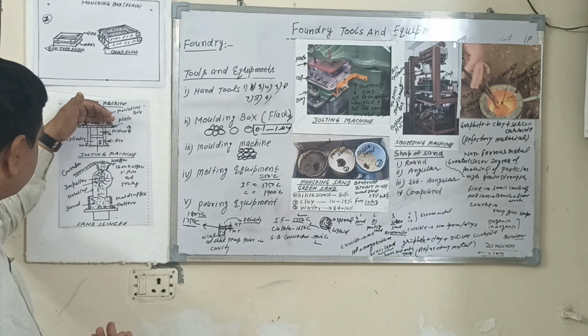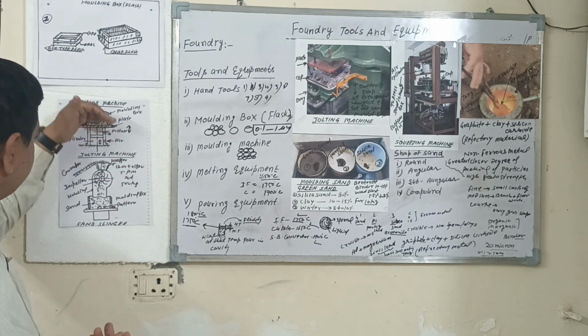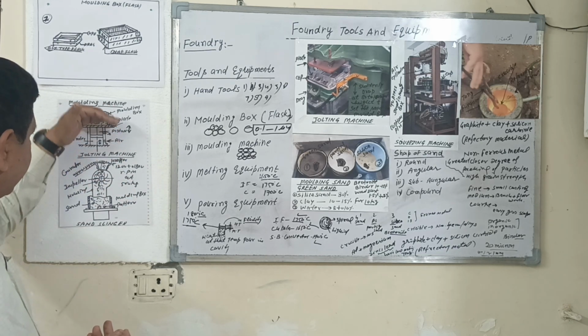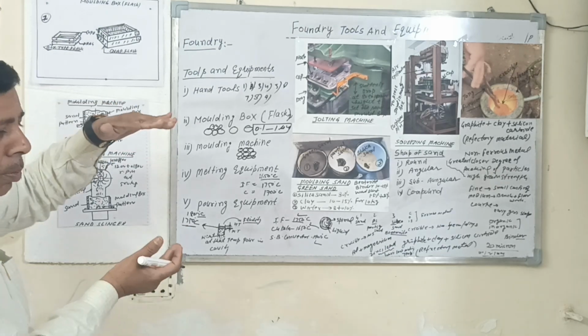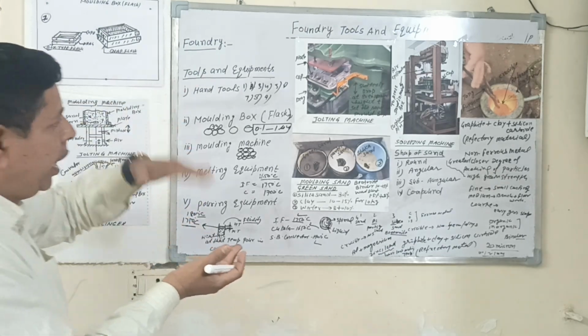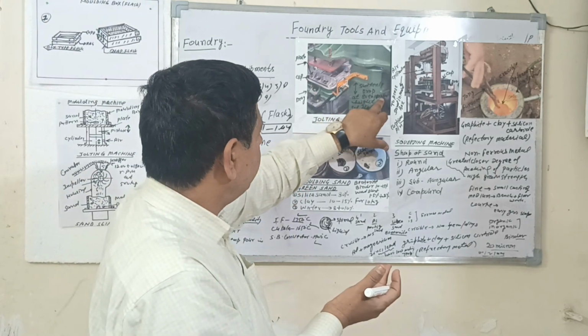The molding box drops down. With the air releasing again, the molding box drops again and again from a height of 80 to 100 mm.